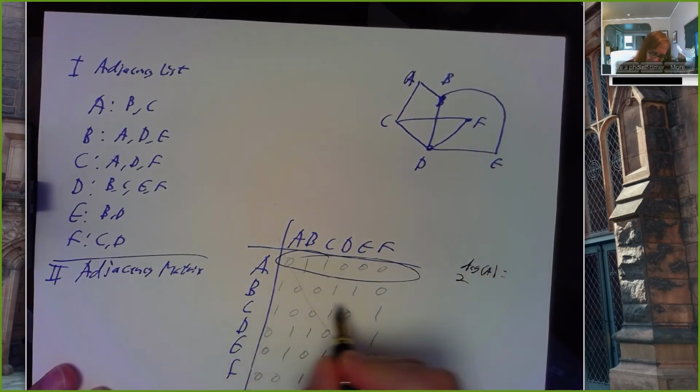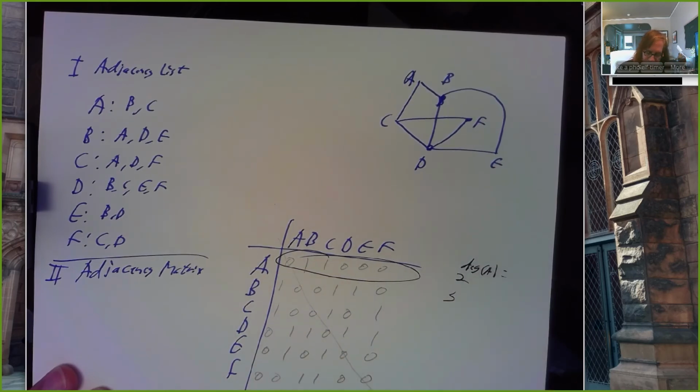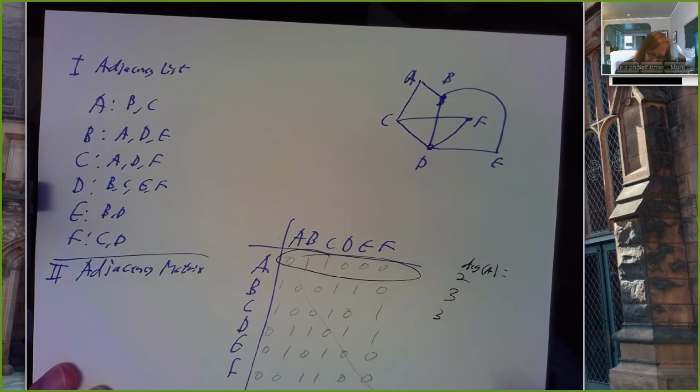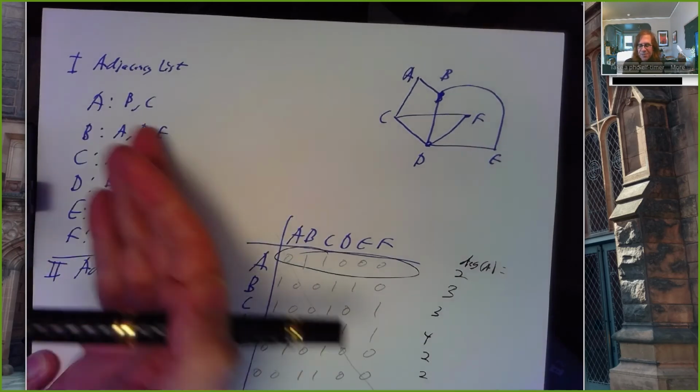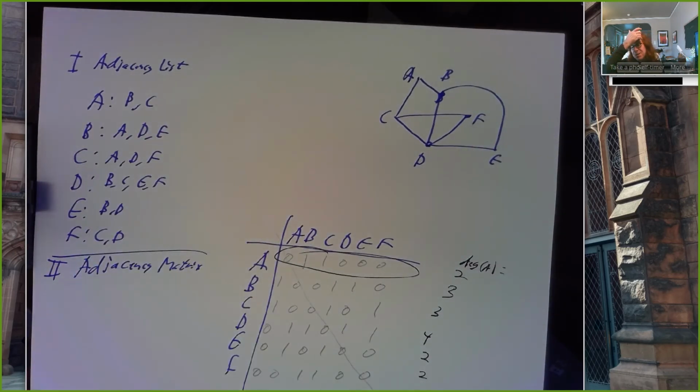The degree of B is the sum of the entries in this row. That's 3. The degree of C is the sum of the entries in that row, and so on. In here, the degree would be the number of things in that list. Well, that's a little harder to count. You have to iterate down the list and keep track.